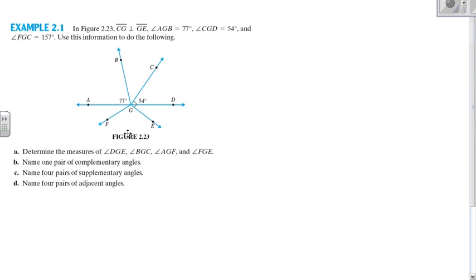So let's just go in order. The measure of angle DGE. We know that this whole part here, CGE, is 90. So if we subtract 54 from 90, we'll get its measure, which is 36 degrees.